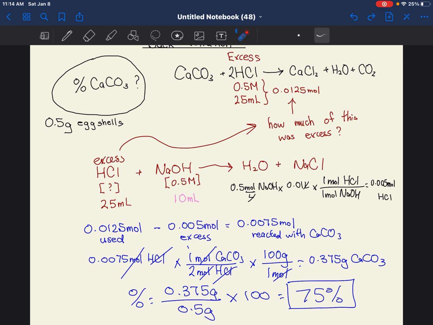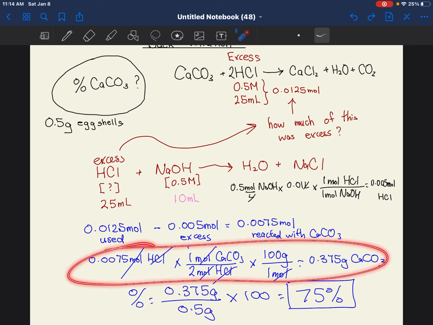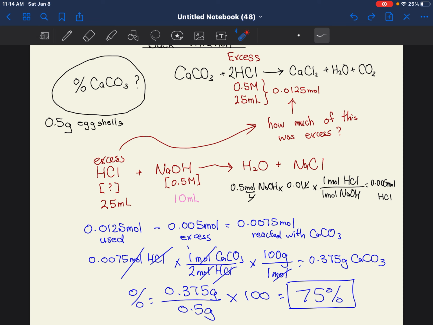Using my stoichiometry skills, I know that this is 0.375 grams of calcium carbonate that reacted. That means this is how much the eggshell contains. Divide that by the amount of eggshells times 100, and I get the percentage of calcium carbonate in my eggshell. That was calculated to be 75%.